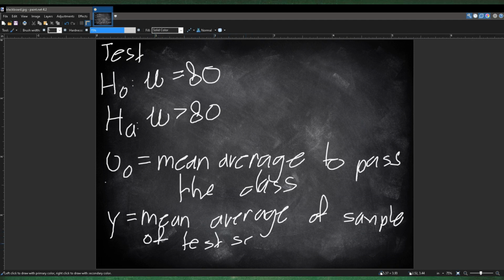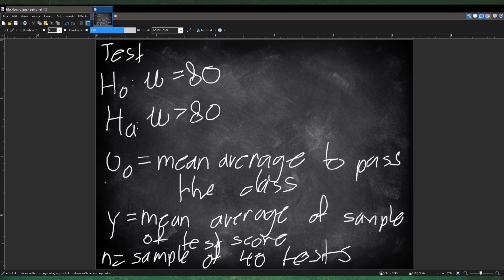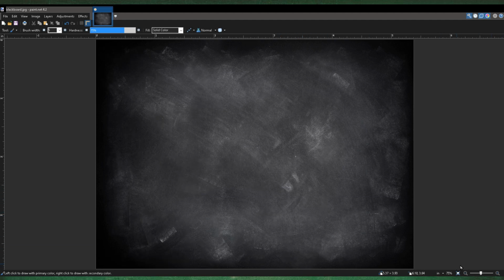Basically, mean average test score of your sample, and then n is your sample of 40 tests. So write everything in context and you should be fine. Define your variables, and now let's actually do the math.